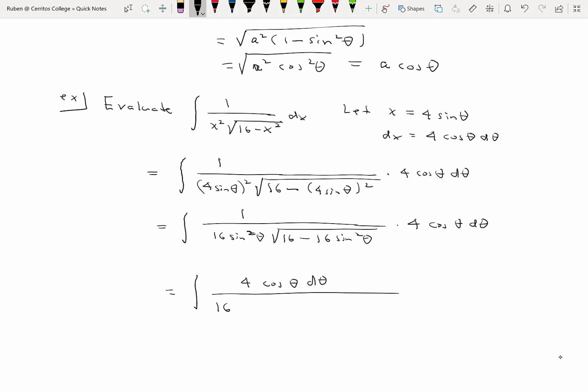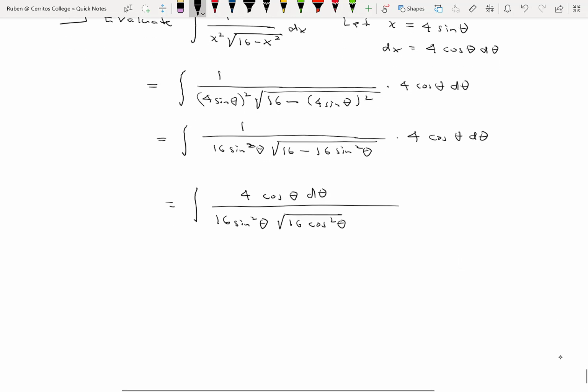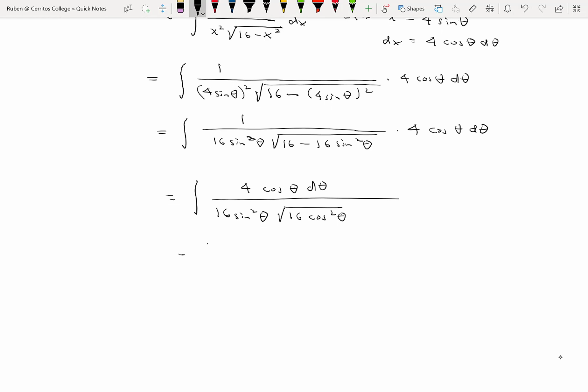In the denominator, I'm looking at 16 sine squared theta. 16 minus 16 sine squared is 16 cosine squared. And simplify some more. 4 cosine theta d theta in numerator. The square root of 16 cosine squared theta is 4 cosine theta.